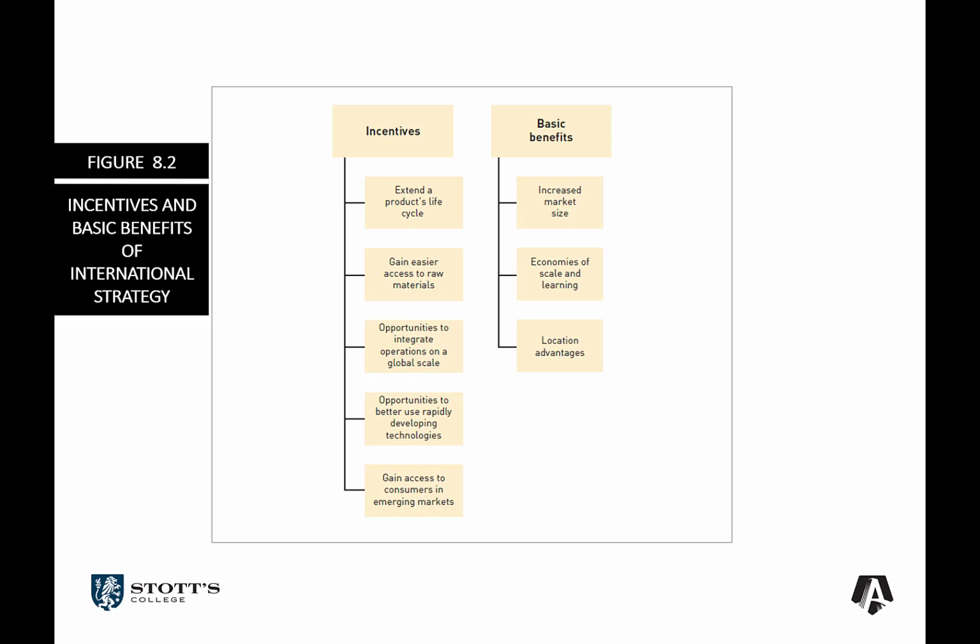The emerging markets model in international strategy normally gets used to describe emerging economies. However, it can also be used to describe just new markets that you weren't selling in before.